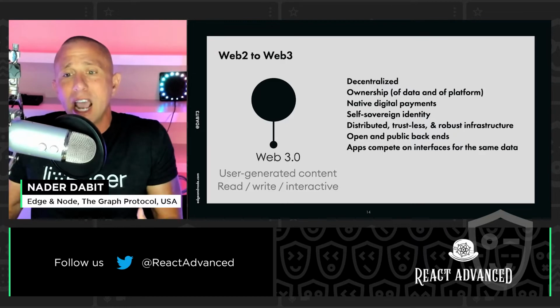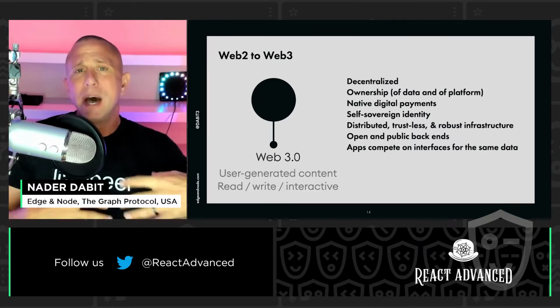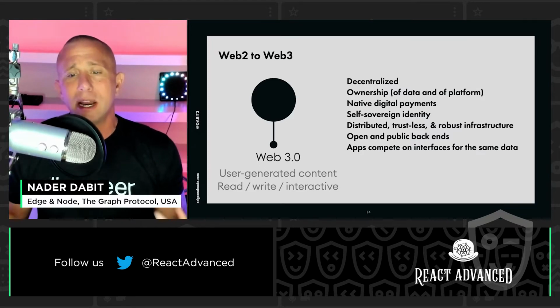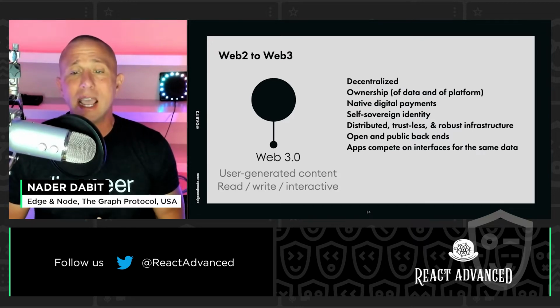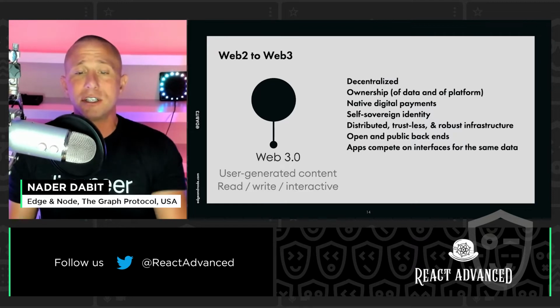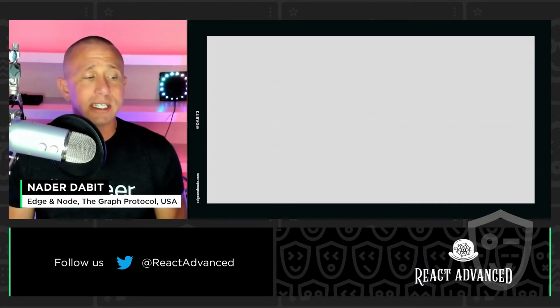Of course, there's an API that you can probably wrangle together and make it accessible, but it isn't something that's completely open, and YouTube can at any time decide to take your videos down. With Web3, the idea is that your backend is public, it's completely open, and anyone can build upon it, not just yourself, but anyone that decides to. So therefore, again, you have apps competing on interfaces for the same data.